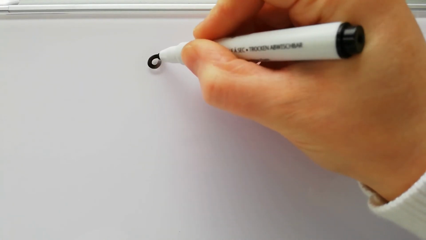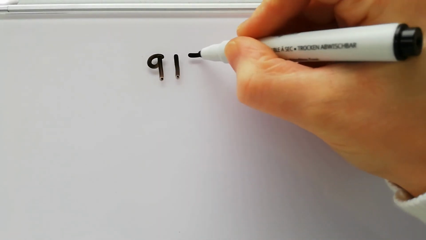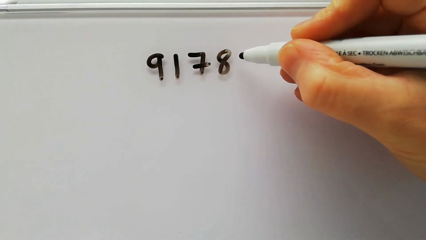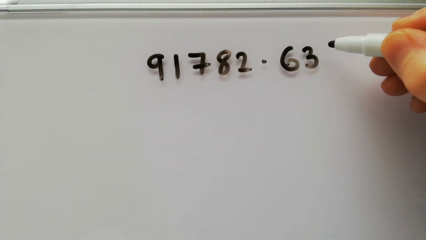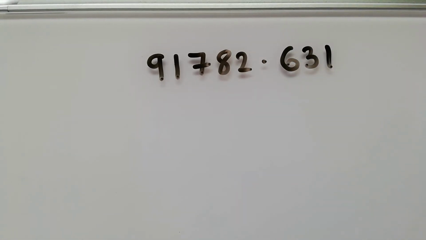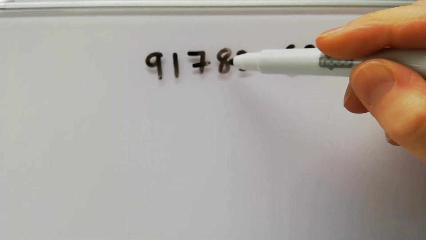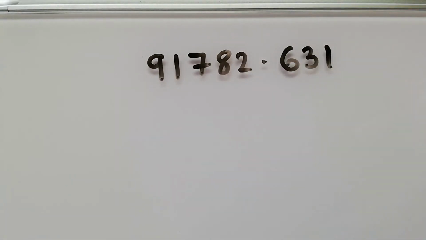If I have the number 91,782.631. That number has 1, 2, 3 decimal places, but it has 1, 2, 3, 4, 5, 6, 7, 8 significant figures.